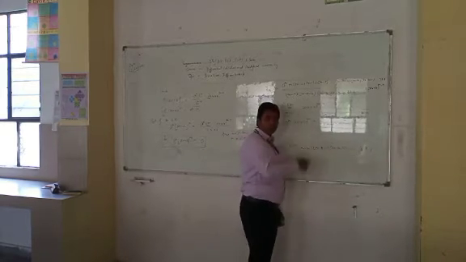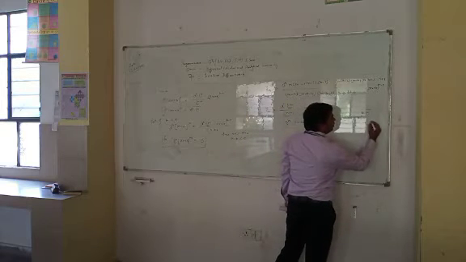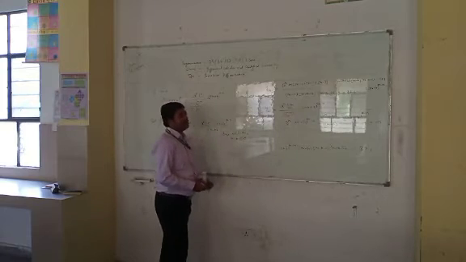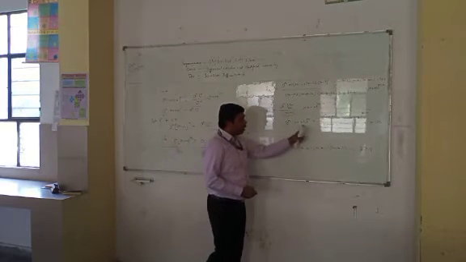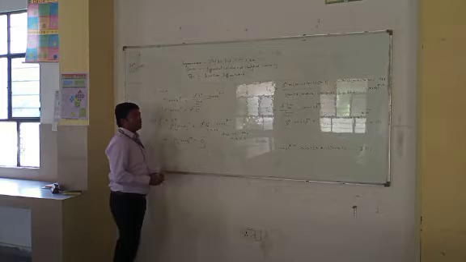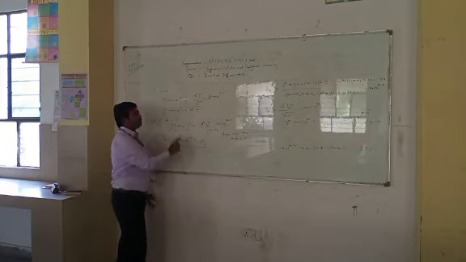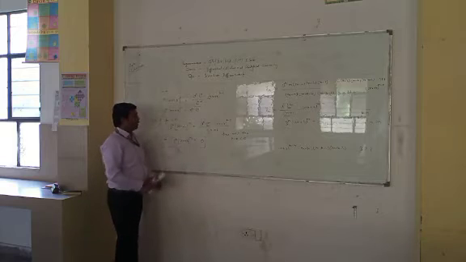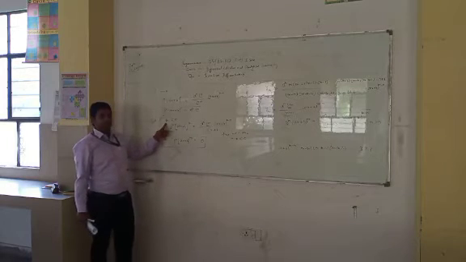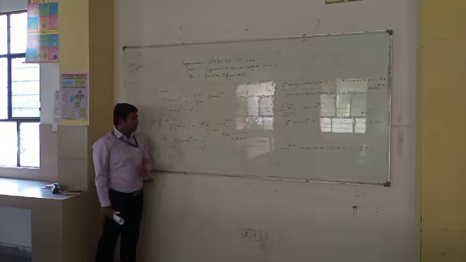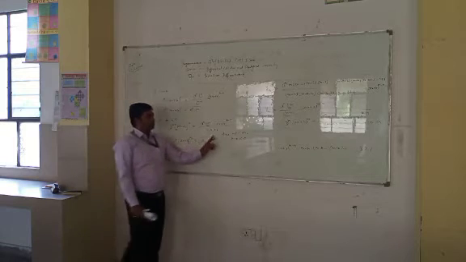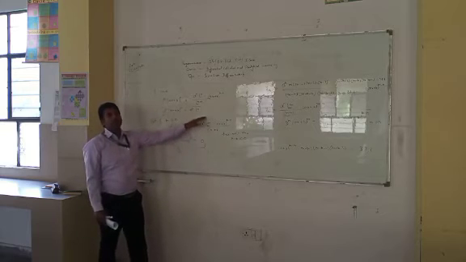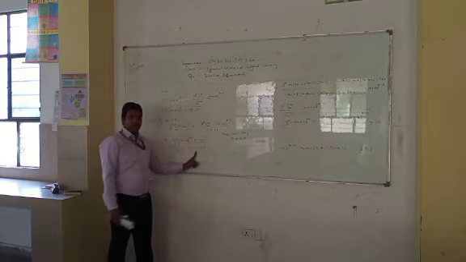This formula is true only when m is greater than n, and if in this formula m is equal to n, then this formula converts to a to the power n into factorial n. And if m is less than n, then m minus n is less than 0, so it will be infinity, and something upon infinity is just 0.